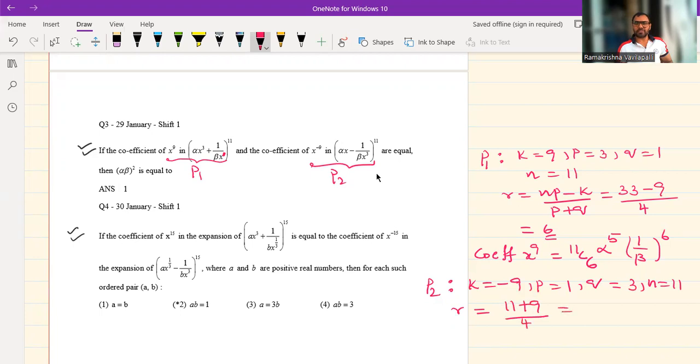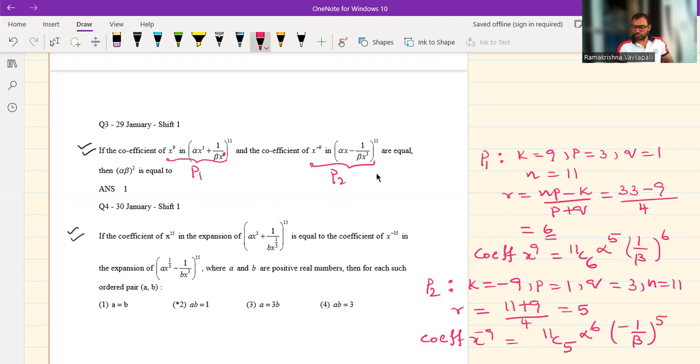So here the r value is 5. Therefore the coefficient of x to the power of minus 9 equals 11C5. In the second binomial expansion, the x coefficient is alpha. So here alpha power 6, 11 minus 5, and minus 1 by beta whole to the power of 5.